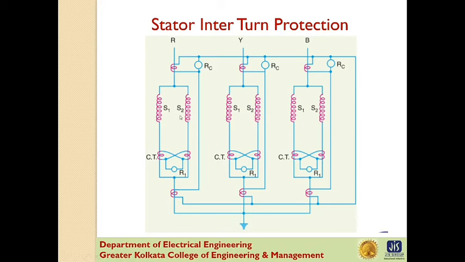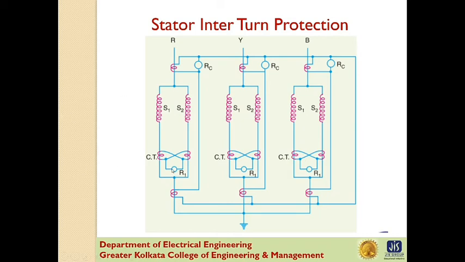Two current transformers are connected on the circulating current principle. Under normal operating condition, the currents in the stator winding S1 and S2 are equal and so will be the current in the secondaries of the two CTs. The secondary current round the loop is then the same at all points, so no current flows through the relay R1.